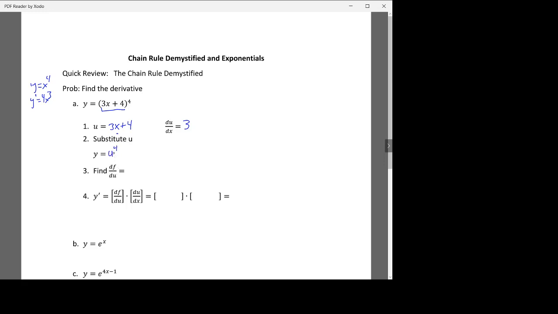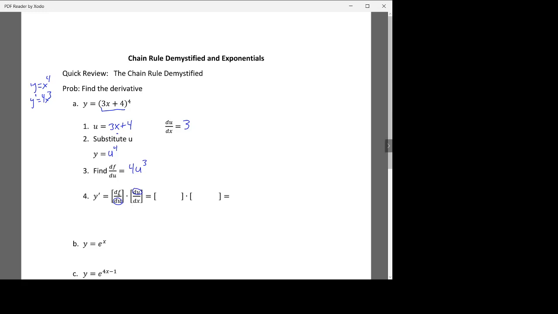And so we treat the u like an x, so we can use the power rule for u to the fourth. And we use a little trick here. If you want to take the derivative of y with respect to x, you can take it with an intermediate value du, and then take the derivative of du dx, and multiply those two times each other.